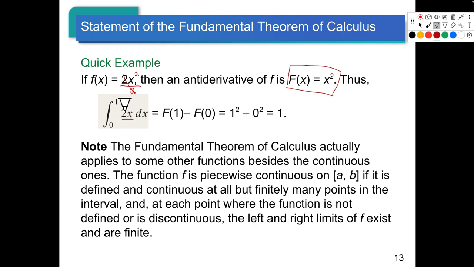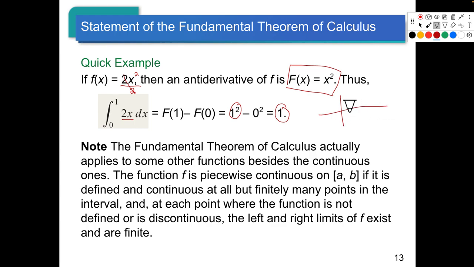You plug in the two limits, so f of 1, which is going to be 1 squared. You plug in the bottom limit, f of 0, which is going to be 0 squared. You subtract the two, and what you get is that the area under the curve 2x going from 0 to 1 is 1.